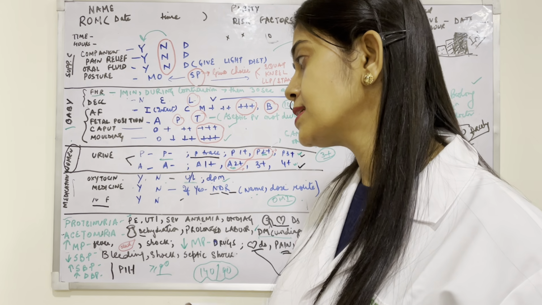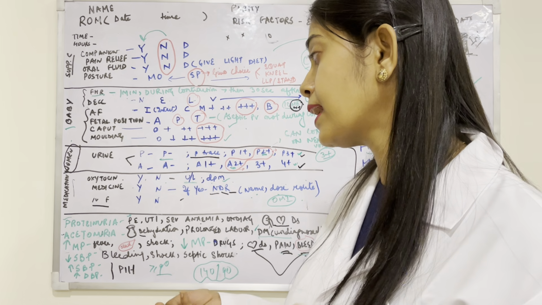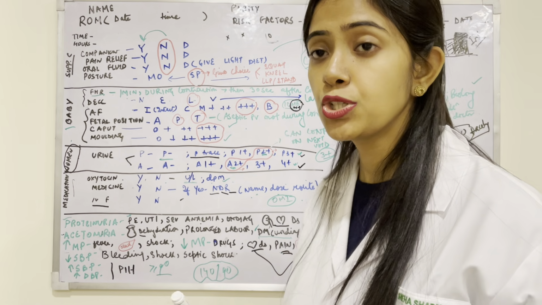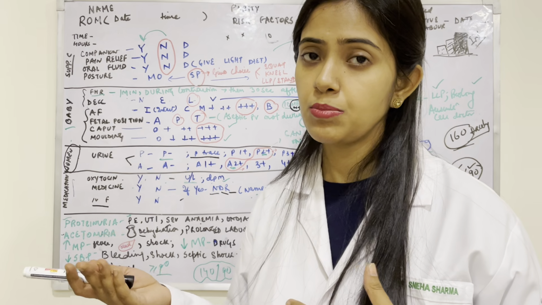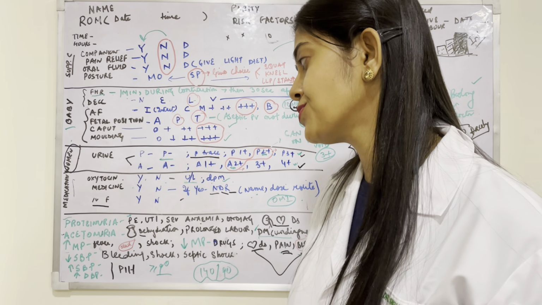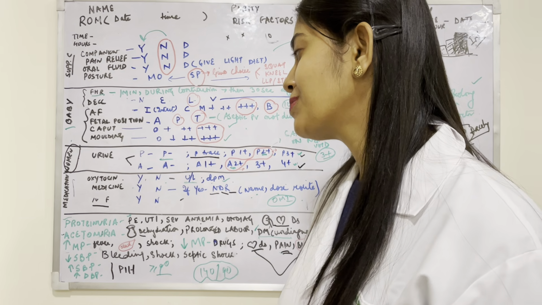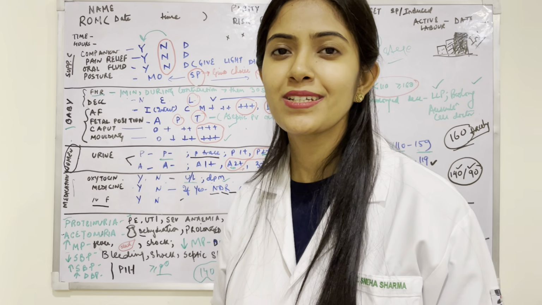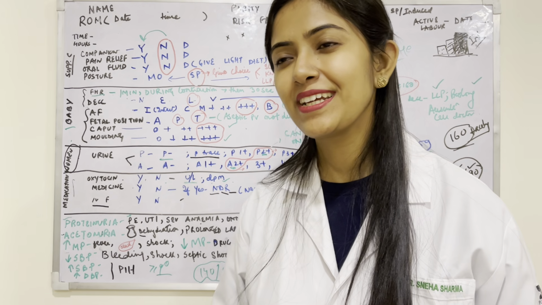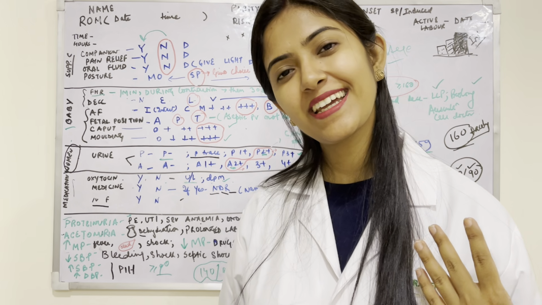Similarly, a fall in the systolic blood pressure of the mother. Again, these alert findings could be because of bleeding, or she is in shock, hemorrhagic or septic. Anything can lead to a fall in systolic blood pressure. A rise in systolic blood pressure, a rise in diastolic pressure, I think you can tell me better. It can happen in preeclampsia, eclampsia, PIH.